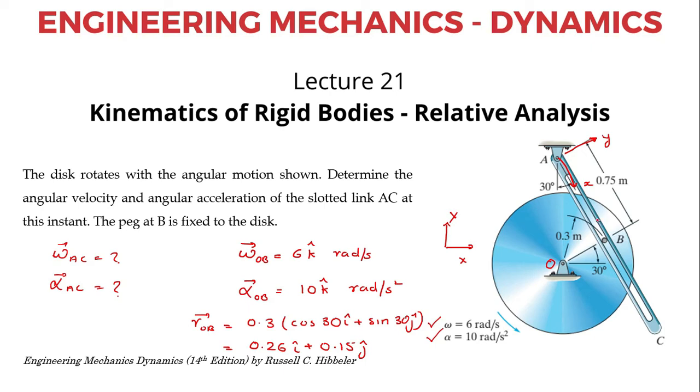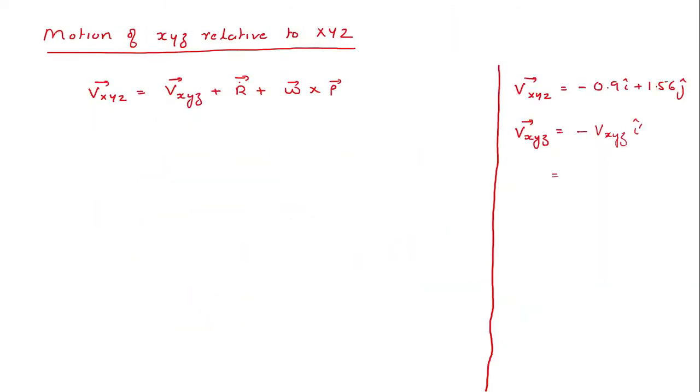So at this instant, when this angle is 30 degrees, I would get i in this direction, j in this direction, and i dash is in this direction at this particular instant, and this is j dash. The inclination with respect to the vertical here is 30 degrees.